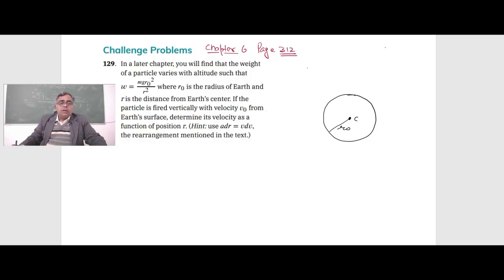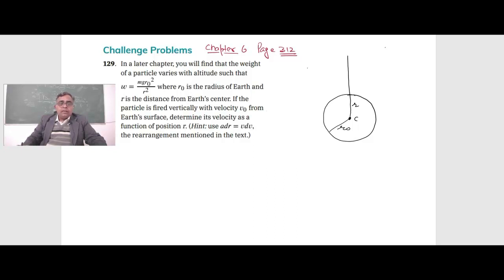Now he is saying that as you move towards an altitude given by r, measured from the center of the earth, the acceleration due to gravity varies, meaning g varies.